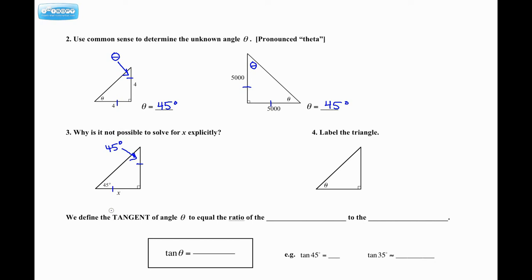Unfortunately, there's not enough information to go by because, yes, these two sides are the same, but I don't know what this is, so I can't match it with x. Even though I know all the angles, it's still not enough for me to determine what x is. So, not enough information.